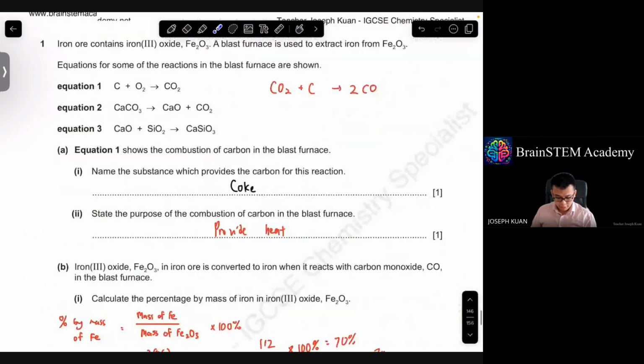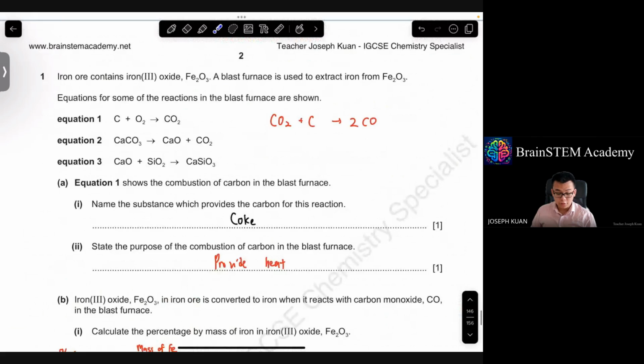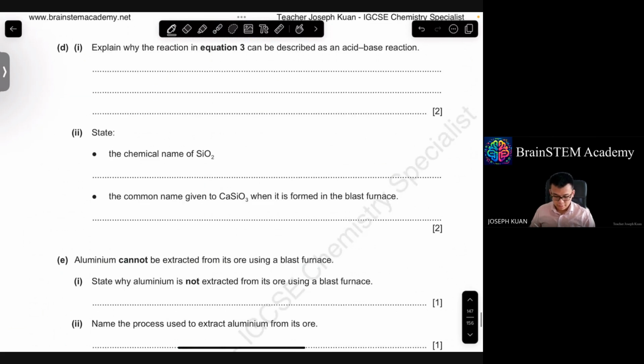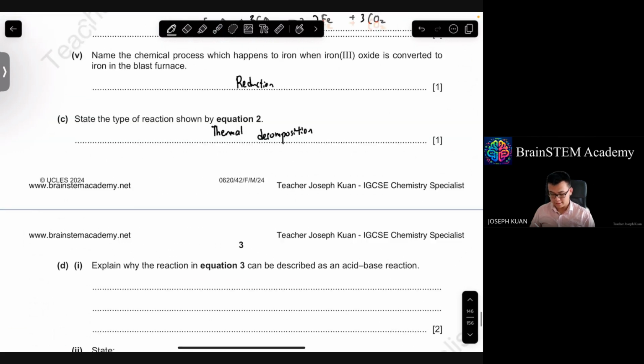Okay, then state the type of reaction shown by equation 2, that's thermal decomposition. Okay, let's move on. Explain why the reaction in equation 3 can be described as an acid-base reaction.